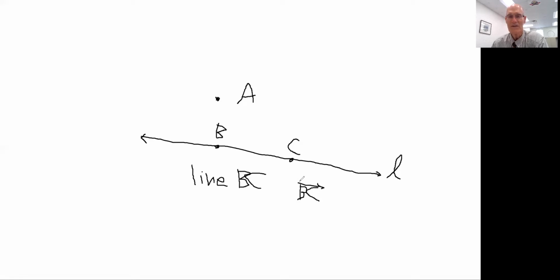Now, I have line L here, I have line BC or line CB, and I have just BC with the double arrows on top of it. That's the way you would label or talk about a line.